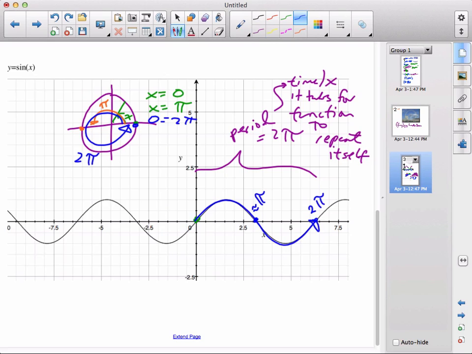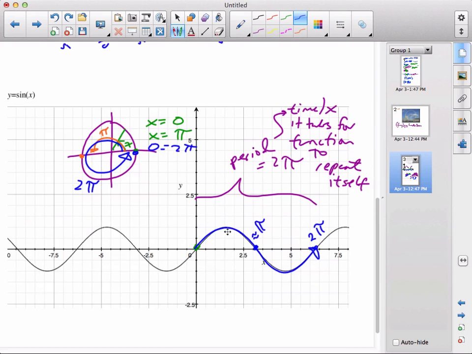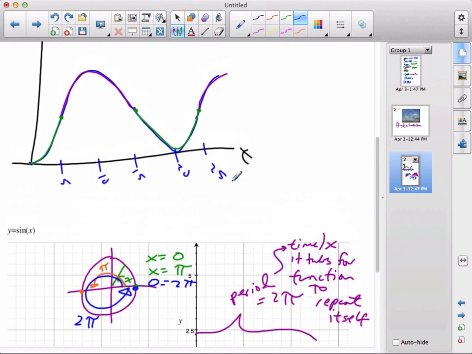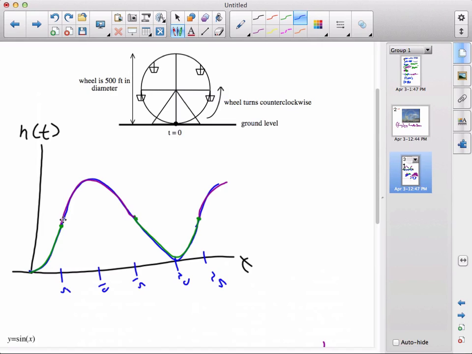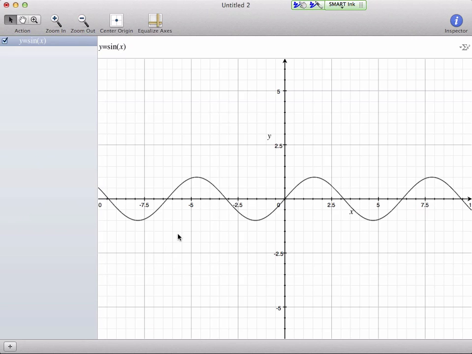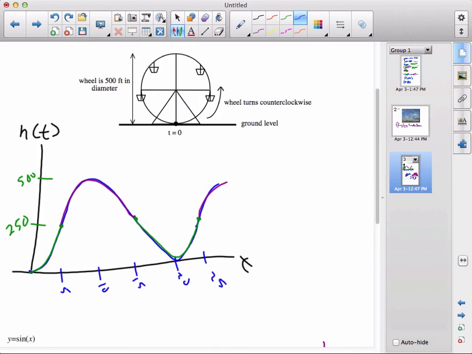Groovy. Okay, so we recognize that this is a sine function, but it's different, right? We can see that this is clearly different from this right here, especially when, remember, this is at 250 and this is at 500, correct? So we have to use the same rules of function transformations to get ourselves from this function to this function.